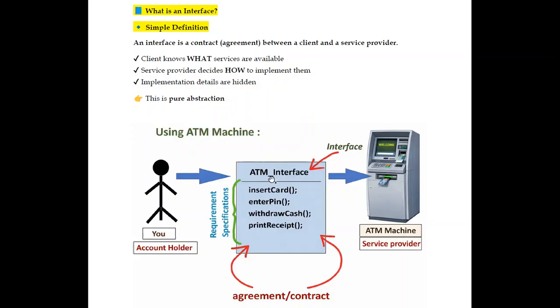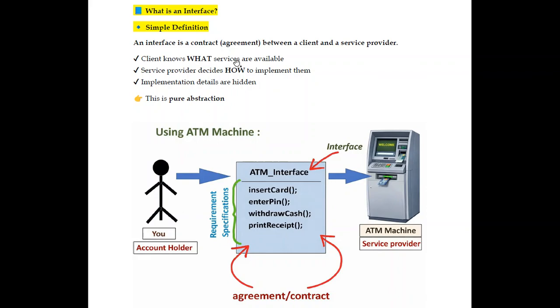So these services should be implemented by the service provider. This ATM machine should provide these services. These services are required and available. Required means they will be provided by the ATM machine service provider, who should provide this implementation. And available means showcased to the client, to whom these facilities are available.